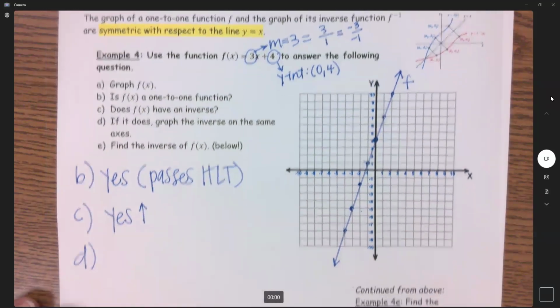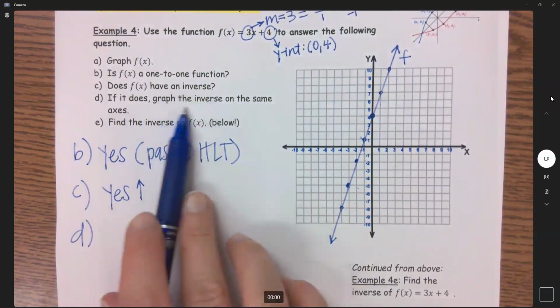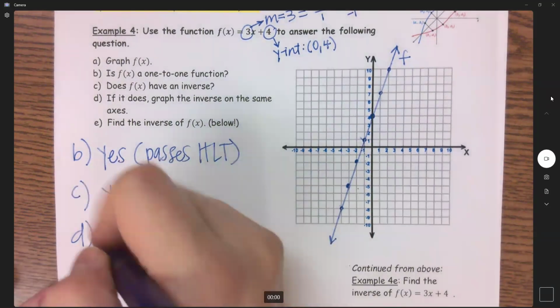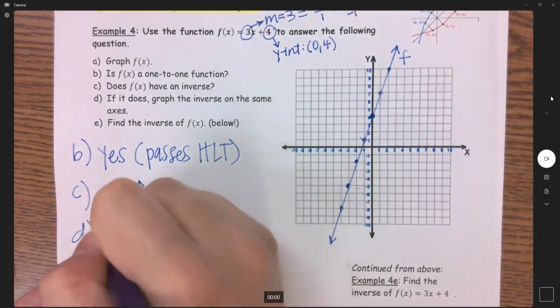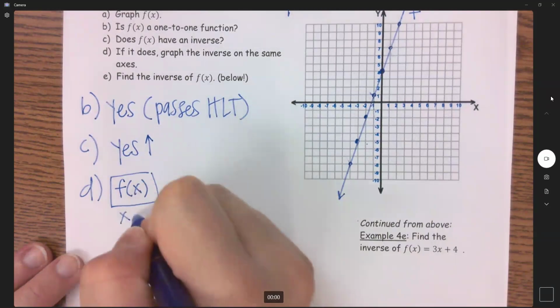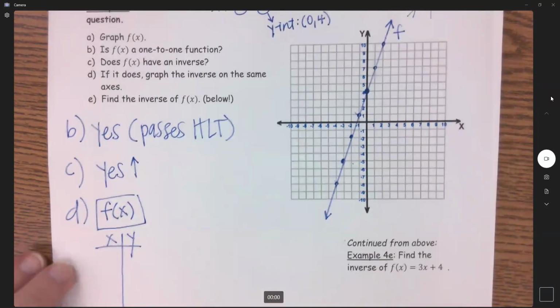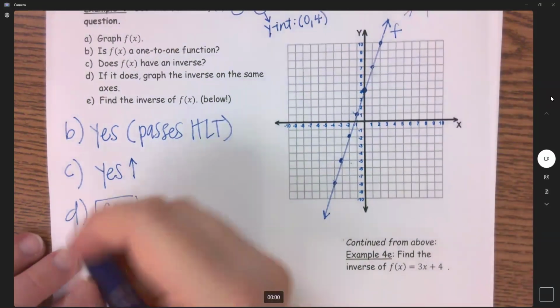So now part D, we need to, if it does, meaning if it does have an inverse, graph the inverse on the same axis, meaning the same graph. So here's what I'm going to do. I am going to list my ordered pairs of this function here. So this one down here is -4, -8.